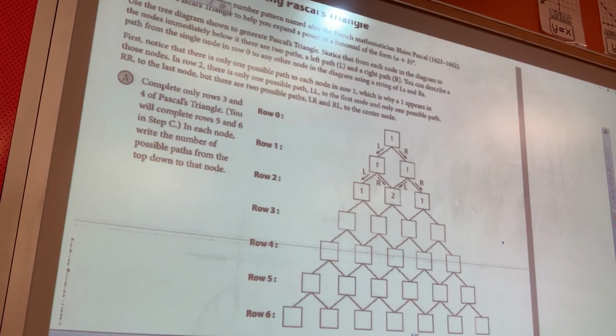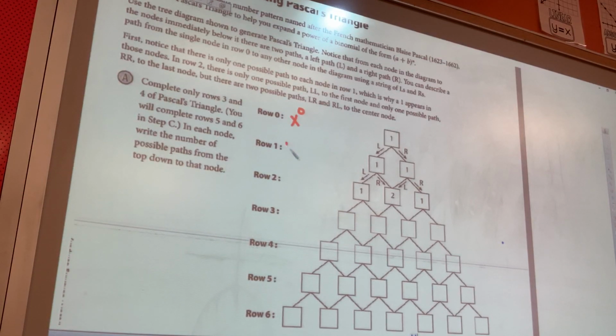Now I want to talk with you about Pascal's triangle. Notice, this is how these rows are ordered. Row 0, row 1, 2, 3, 4, 5, and 6. Because this is really like saying x to the 0 power. What is x to the 0 power? It's 1.